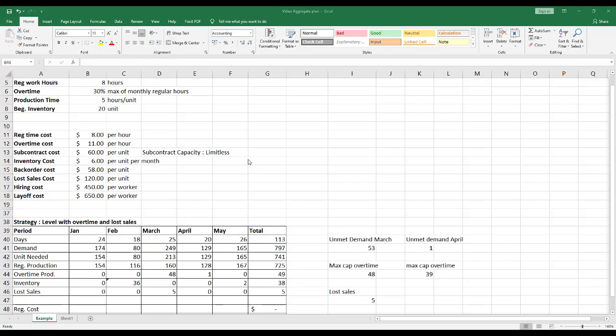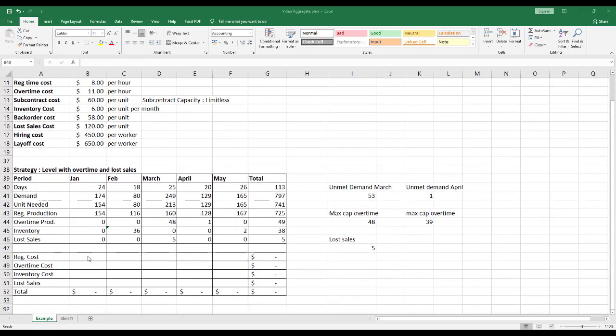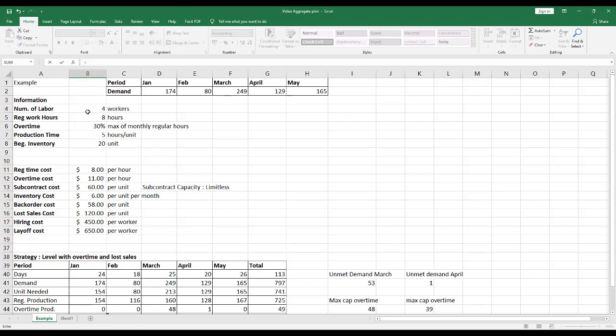After we have calculated the production unit, we can move on to calculate the production cost. First, like the first strategy, is the regular production cost equals to numbers of worker times working hours times the day in 1 month, and then times the regular time cost.